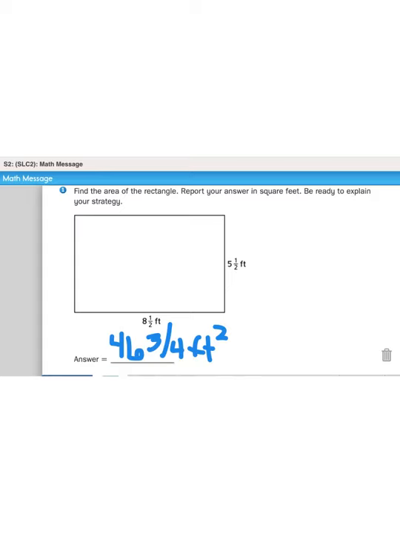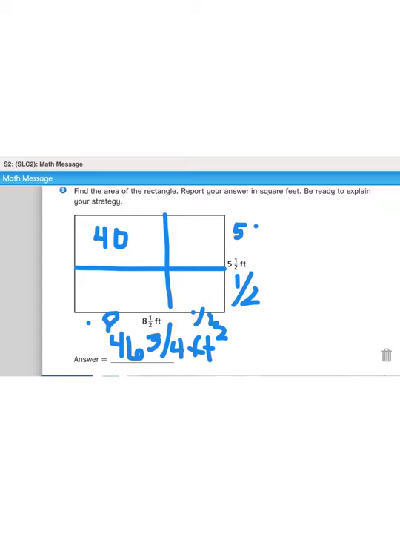So we could have divided this up into sections and split up our length and width on each side. So this would be the 8, this would be the half. So we'd multiply the 5 times the 8, which would give us 40. That's the first partial product.